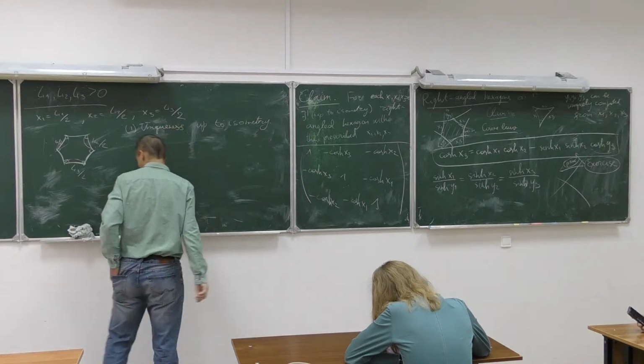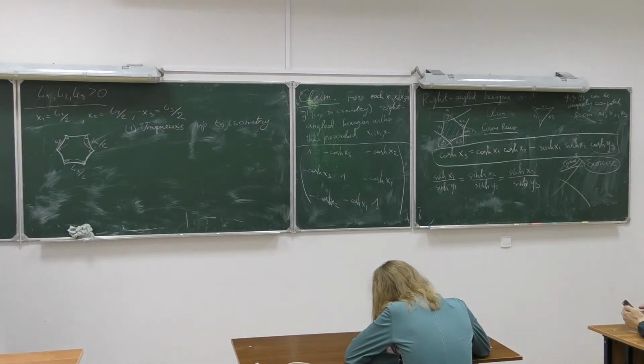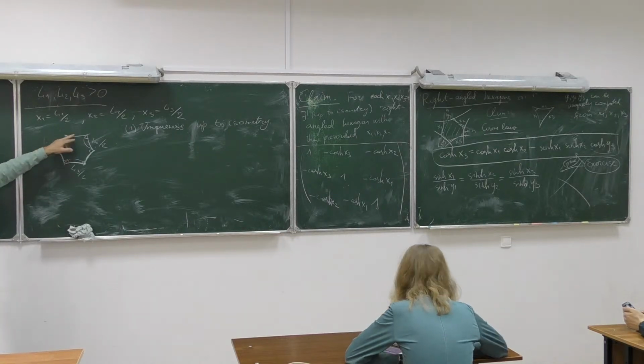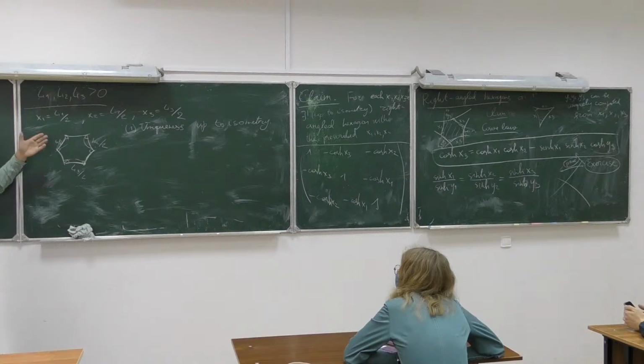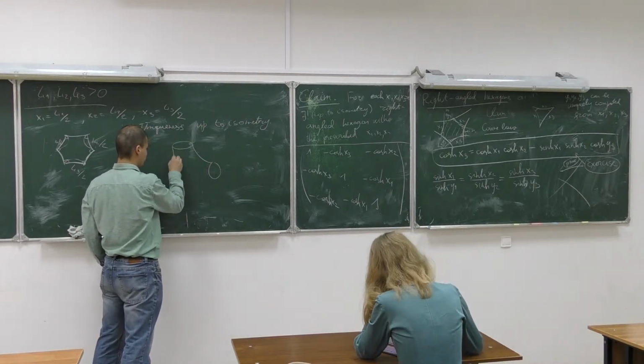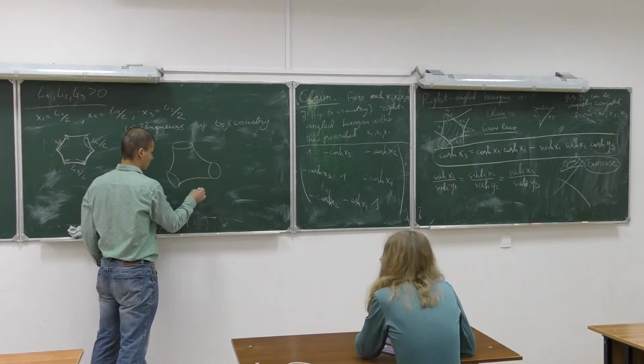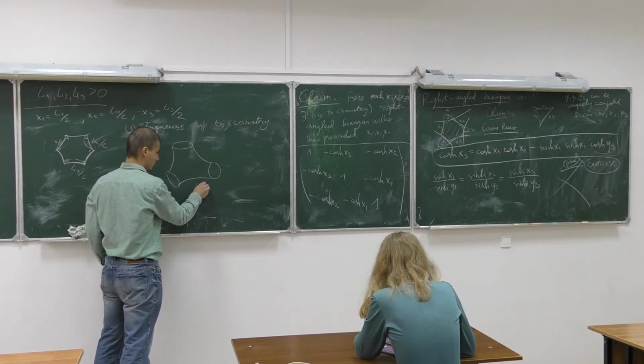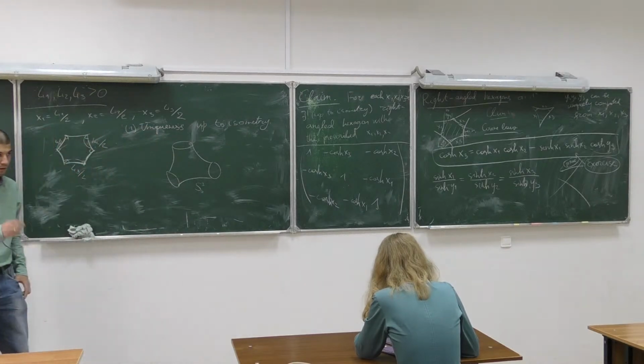In fact, we need to prove that given any hyperbolic metric on the sphere with three boundary components, with the geodesic boundaries of prescribed lengths, we can cut it into two right-angled hexagons like that. Okay? So suppose we have any metric on S03. Let us double it.